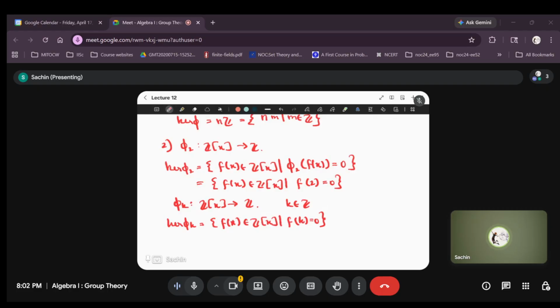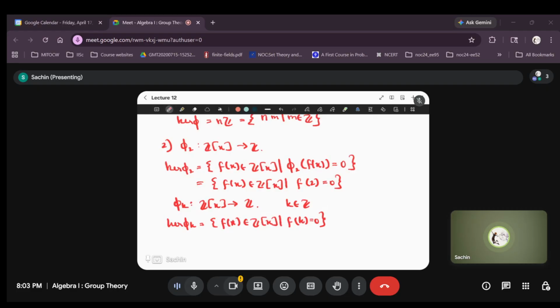One more thing you could say: I showed in one of the classes that if x minus alpha divides f of x, then f of alpha is equal to the remainder, right? Sorry, that was not it.